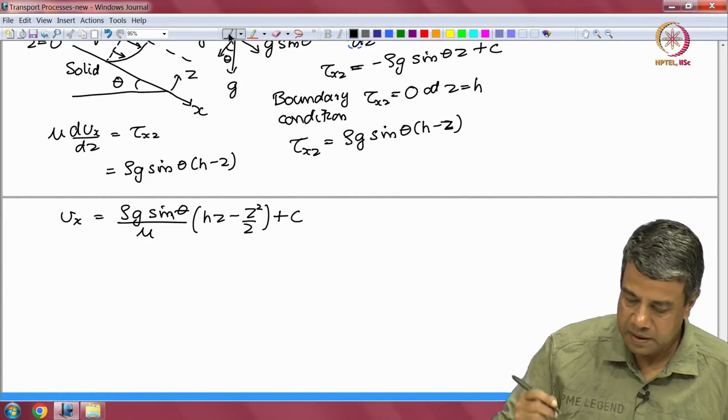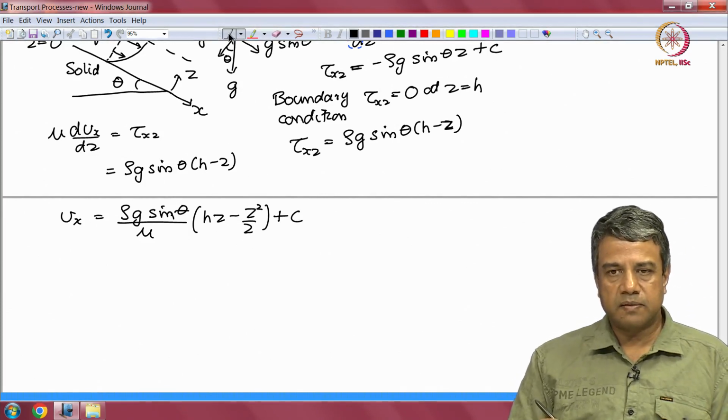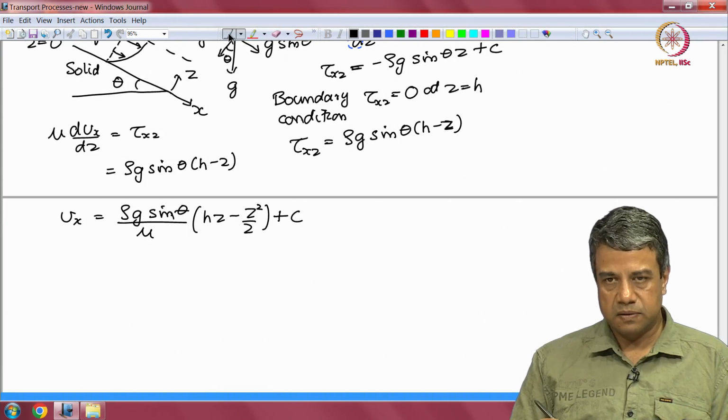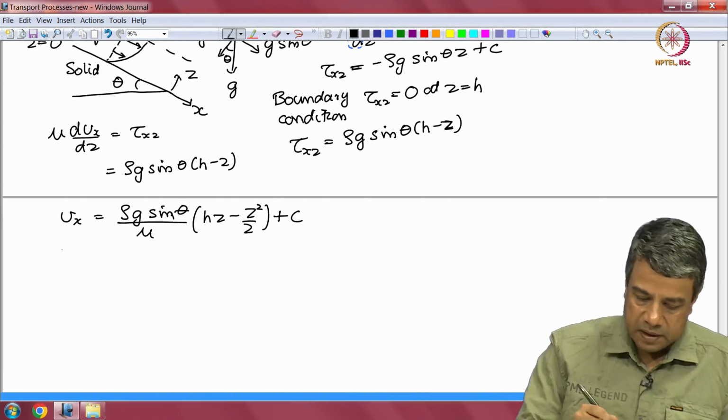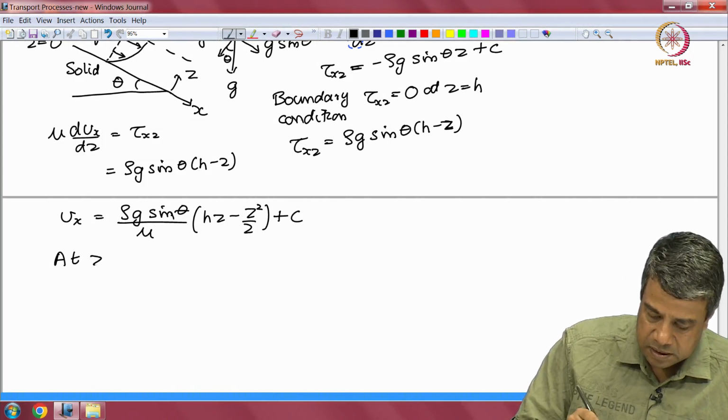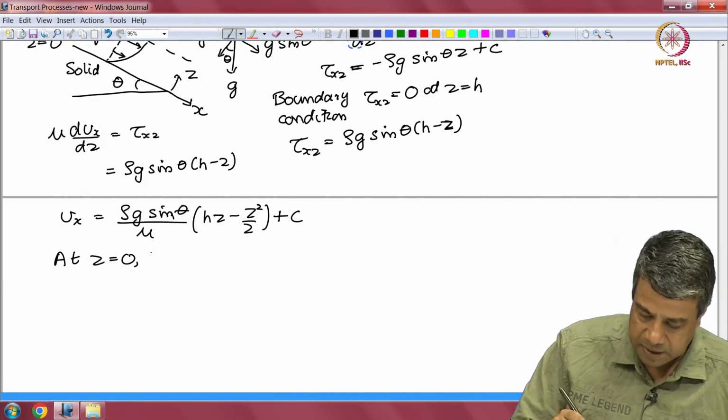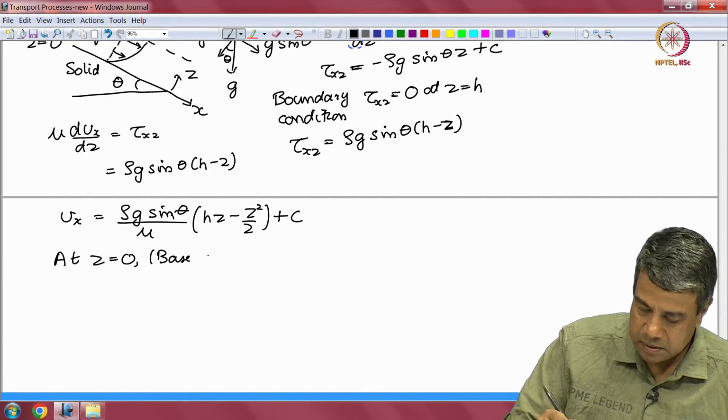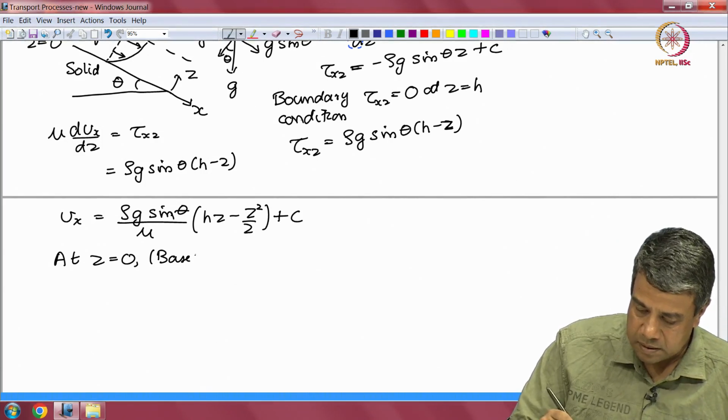The constant is determined from the condition at z is equal to 0, at the solid base.